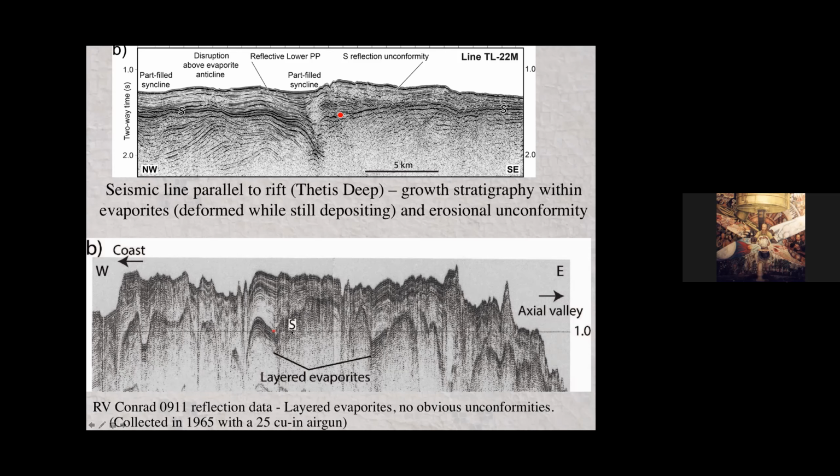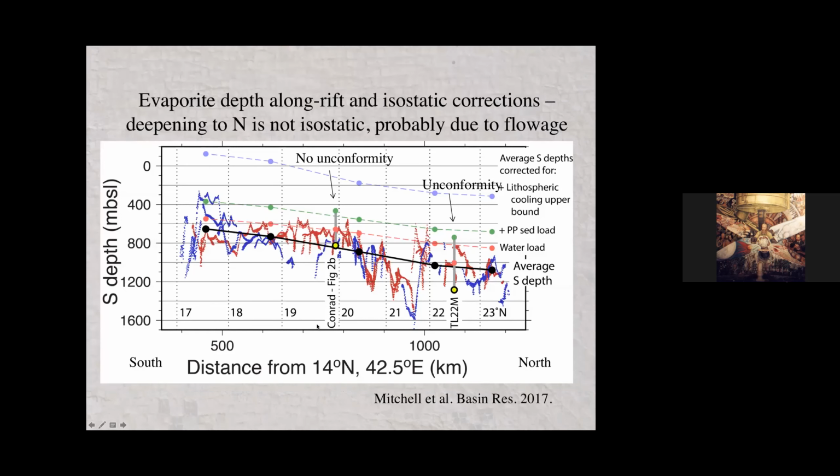That doesn't make sense really, if one is eroded, but the one that's not eroded is shallower than the one that is eroded. How can that be? Well, the reason is, of course, that these have subsided much more because of the flowage in towards the axis, whereas these are still held up at a higher elevation. So the unconformity appears to also record this flowage.